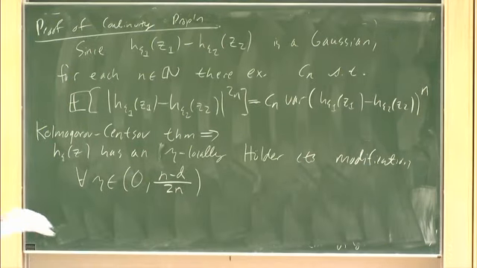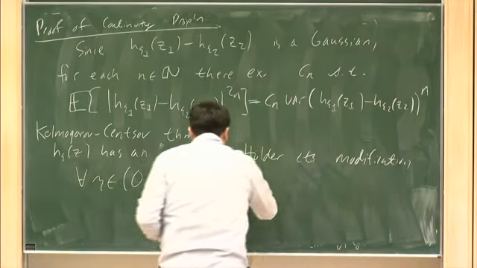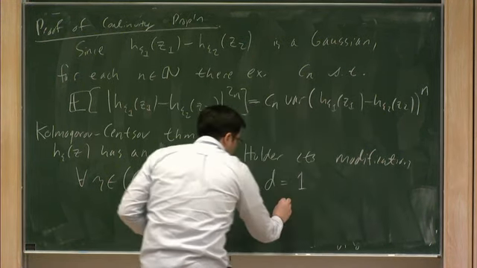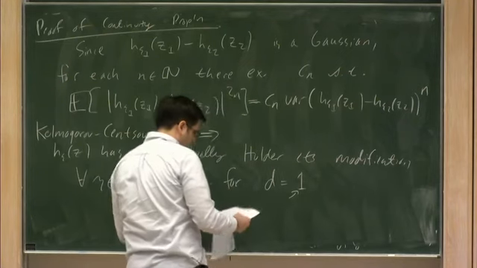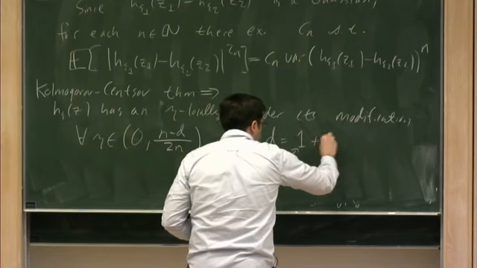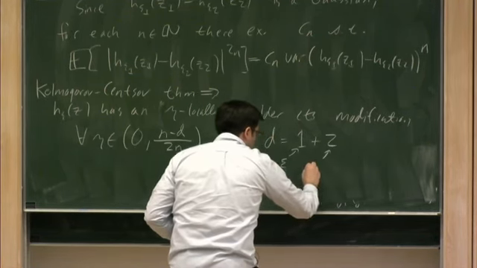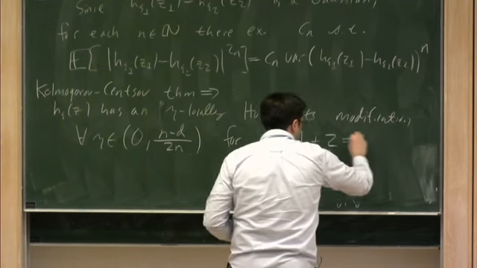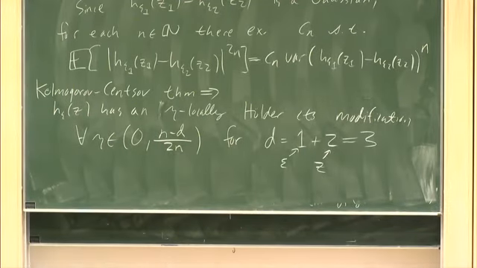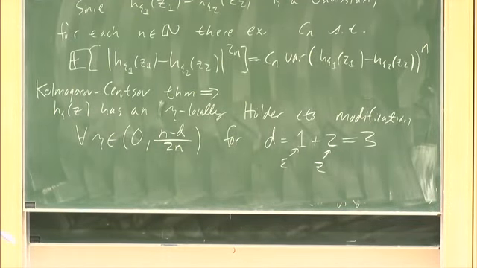And here, what is d equal to? d is going to be equal to 1, this is from the epsilon variable, plus 2, this is from the spatial variable. And so the whole thing is equal to 3. Okay, so this is what you get when you apply Kolmogorov-Chentsov.